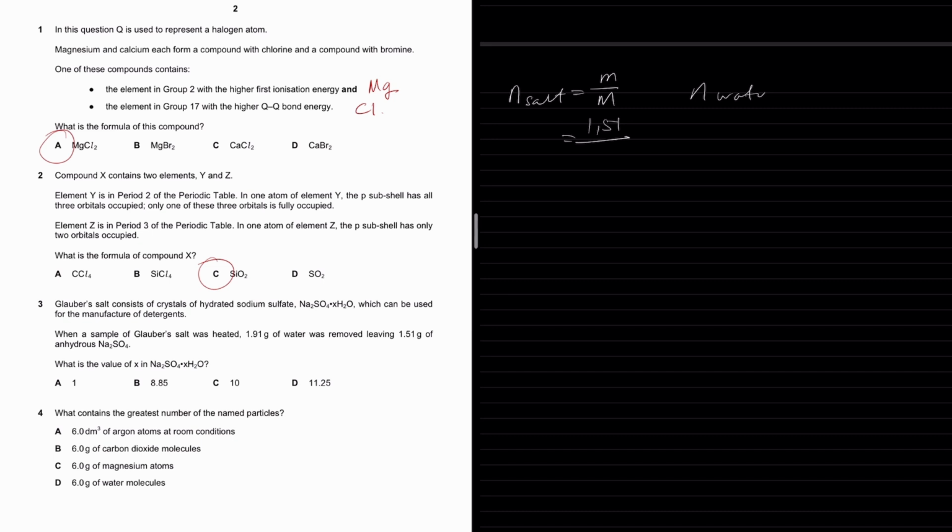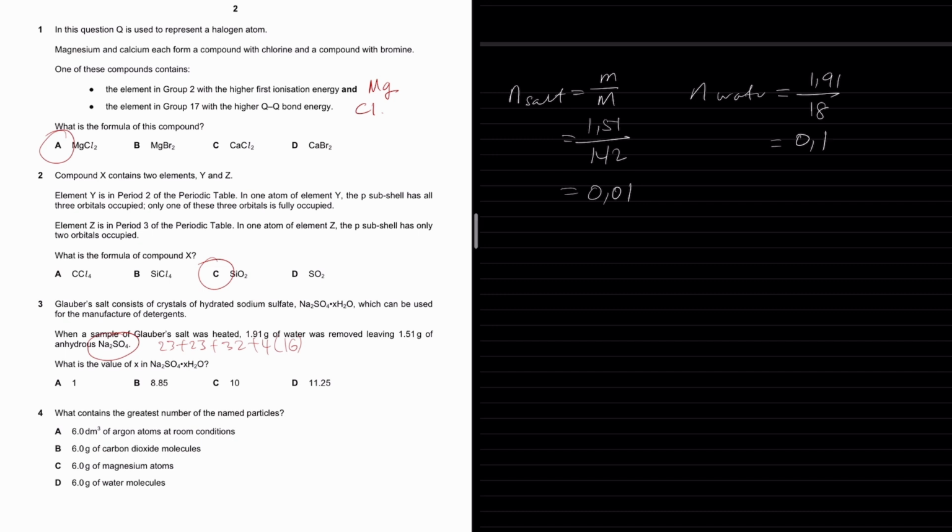To get the molar mass of this compound, it's 23 plus 23 plus sulfur is 32 plus 4 times 16. And so the total here I think is 142. If you work out the number of moles, it's going to be 0.01. Now the number of moles for water is 1.91 divided by 18, which is 0.1.